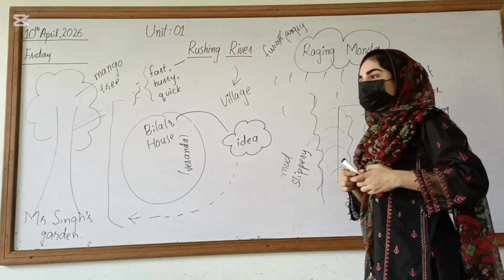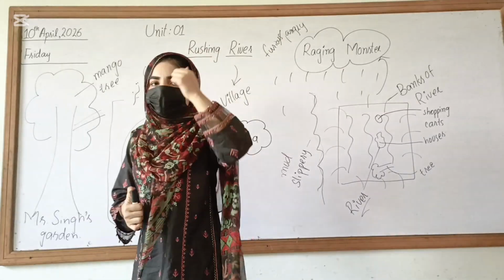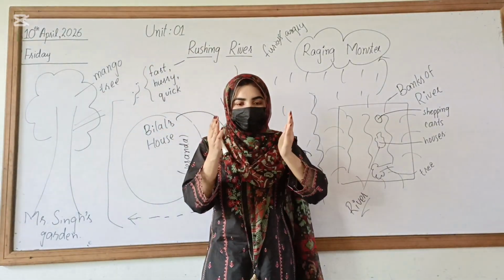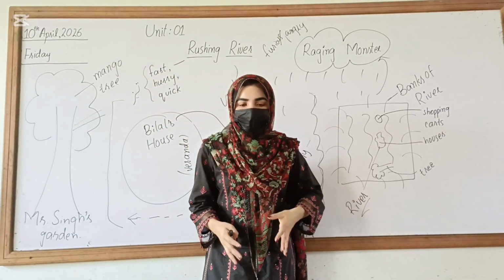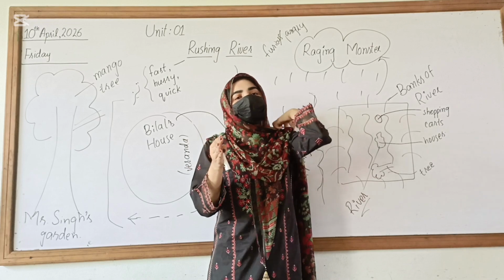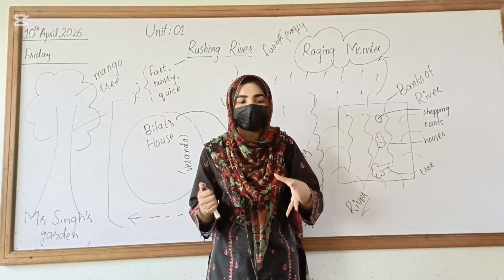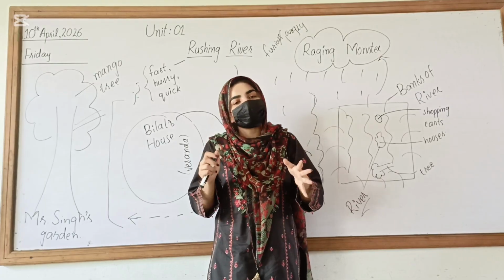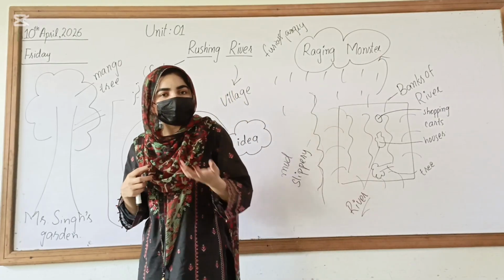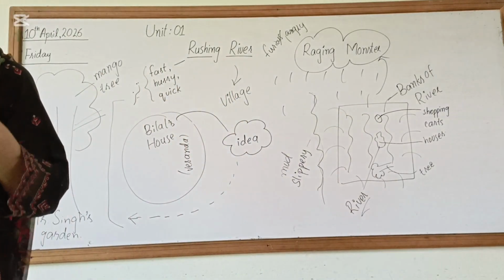Floating like paper boats. Now I will give you an example. A paper boat is very lightweight. If you make a paper boat and spill water on the floor, even if the water is in a little quantity, and you float the paper boat in that little quantity of water, it will flow because it is very lightweight and can flow very easily.